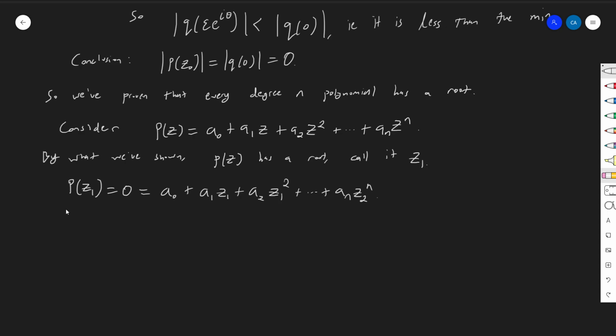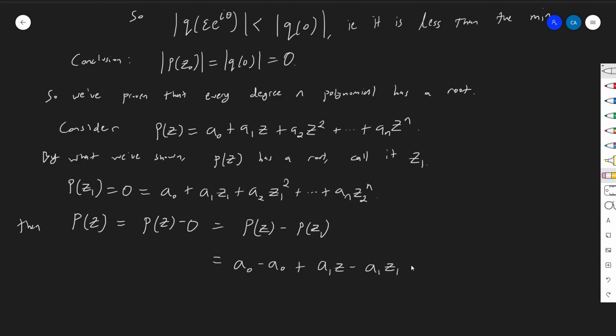So then p of z is equal to, of course, p of z minus 0, which is, I'm sure most of you can just finish this at this point. This is p of z minus p of z1, and if I just group everything together, what I get is a0 minus a0, so that's just 0, plus a1z minus a1z1, plus a2z squared minus a2z1 squared.